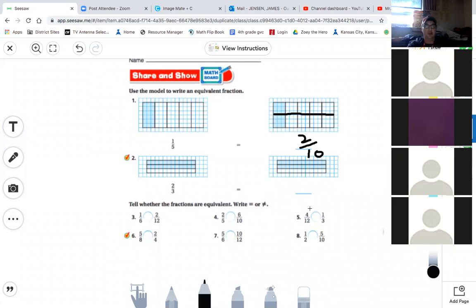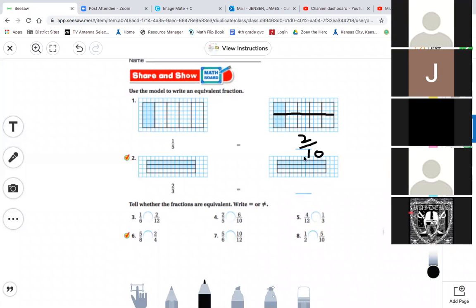We've got 2/3 showing. How can we change this picture? Joseph, what can we do to this picture to create an equivalent fraction? Any ideas? I have a couple.